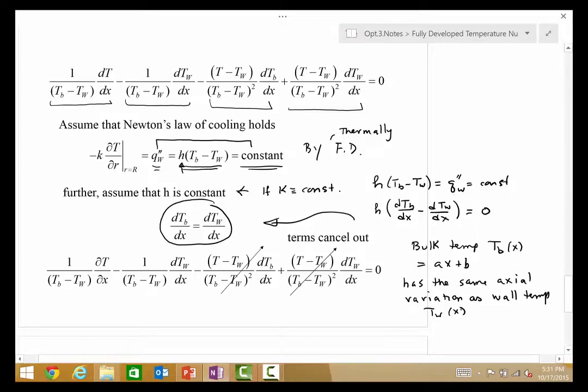So what that means is, take a look at the terms up here. It means that these terms, because dTB/dx is the same as dTW/dx and they have opposite signs, these cancel each other out. And if those cancel each other out, it tells us, because this whole identity is equal to 0, that there's something we can say about dT/dx and dTW/dx.